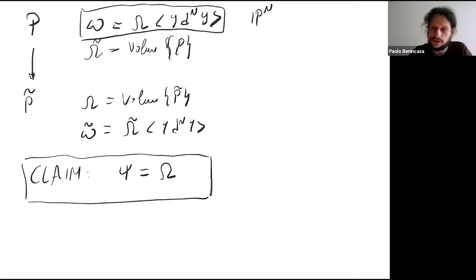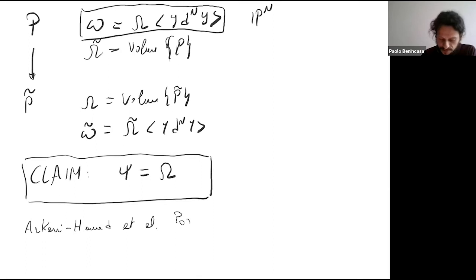Other questions? Because I think this is a good point to ask many questions about this, because what I'm saying now is general. I think it's in the list of references I give you, but you can find two references on the subject. One is Arkani-Hamed et al, and it's called Positive Geometries and Canonical Forms.